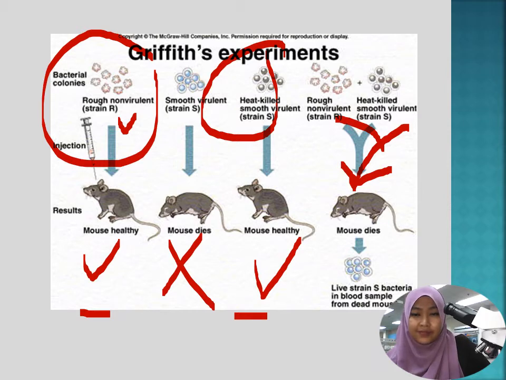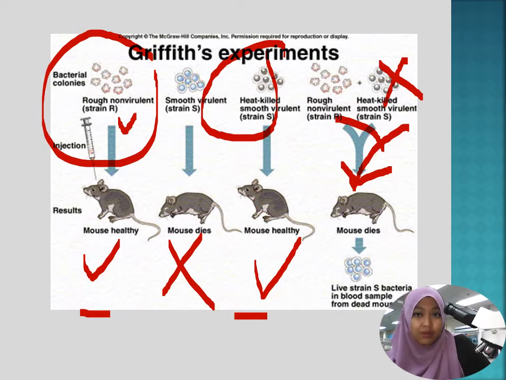But at the end of this experiment, Griffith found that the mouse was dead, which aroused his curiosity about how the mouse died, even though the previous experiments had been done. The blood sample from this experiment showed live strain S, even though strain S had been killed by the heat.